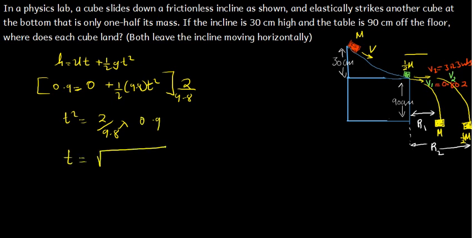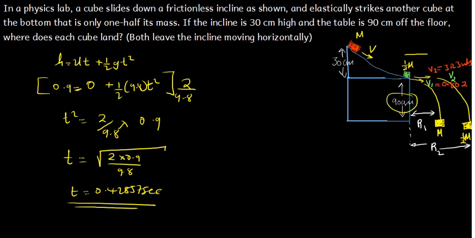So that will be the square root of 2 multiplied by 0.9 over 9.8. And t is going to give 0.42857 seconds. So this is the time that both of them took to fall for this kind of height. Now what will be the distance of each? So let me just record the time here. The time is 0.42857 seconds.